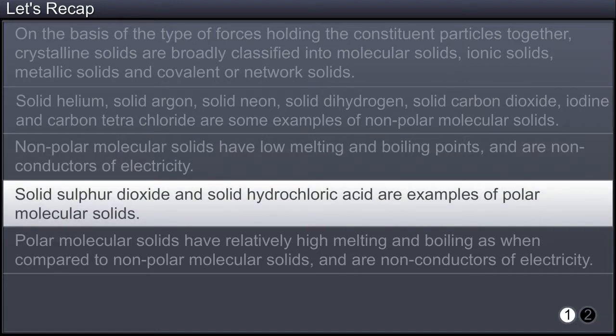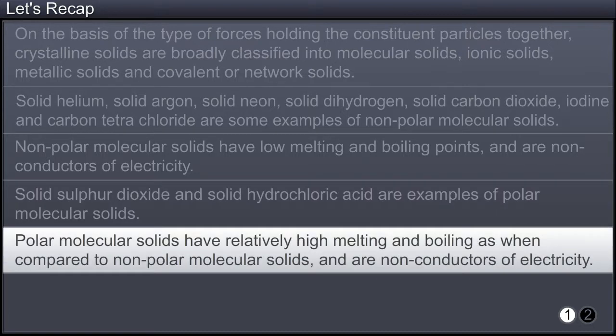Solid sulfur dioxide and solid hydrochloric acid are examples of polar molecular solids. Polar molecular solids have relatively high melting and boiling points when compared to non-polar molecular solids and are non-conductors of electricity.